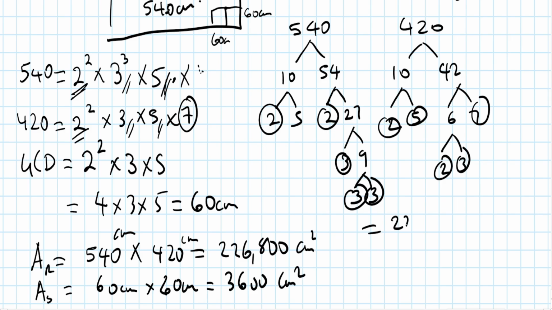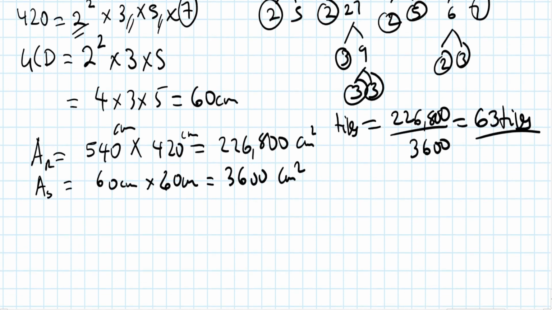The number of tiles that we'll have is 226,800 divided by 3,600. So 226,800 divided by 3,600 is going to give us 63 tiles. So that is one way.